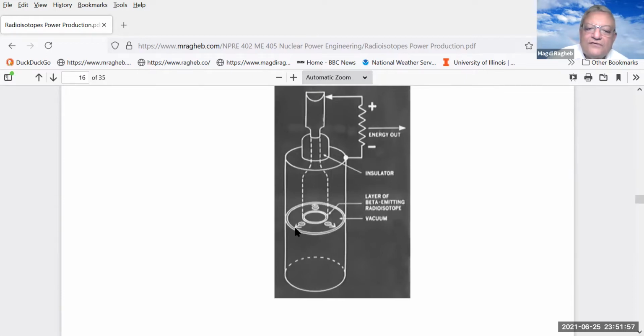All you do in that case is find a radioactive isotope, for example tritium, or even a fission product that emits electrons. So that would be a beta emitting radioactive isotope. You collect the electrons from the emitter on a collector. And in that case, immediately you have a potential drop that can circulate in an outside element. It depends on the energy of the electrons in that case.